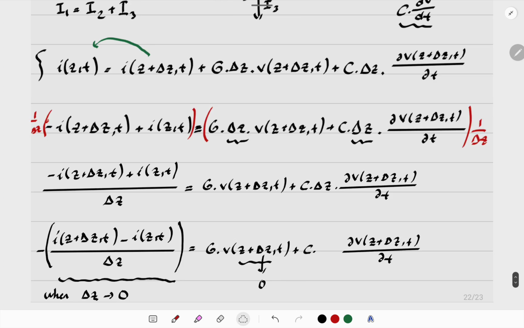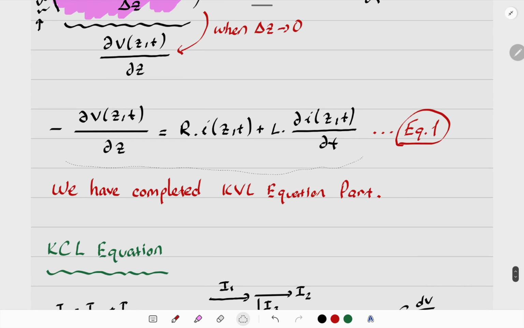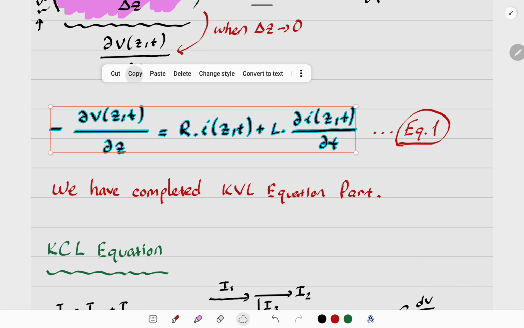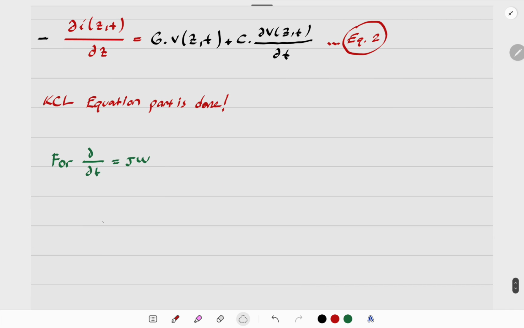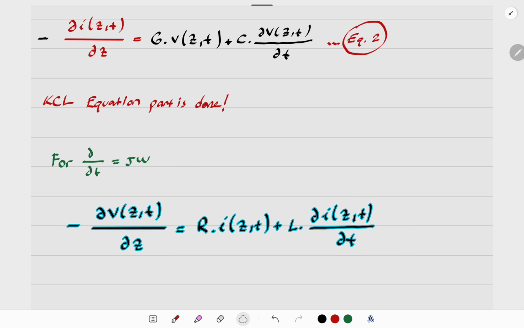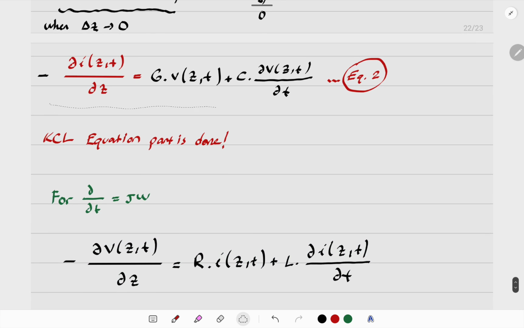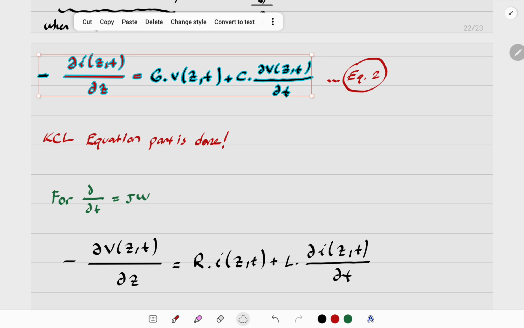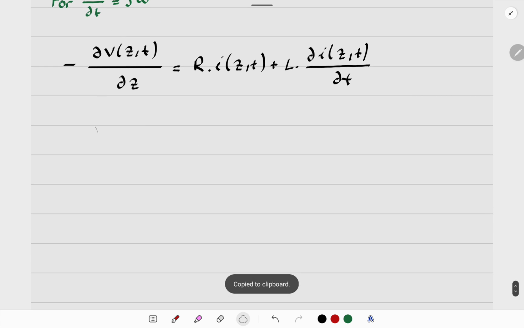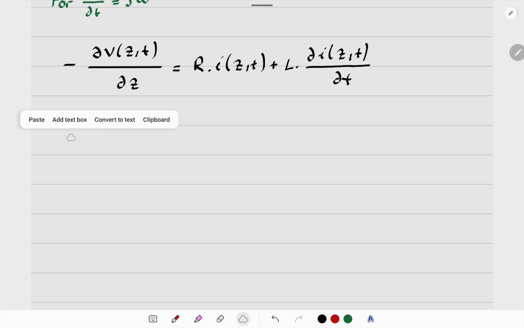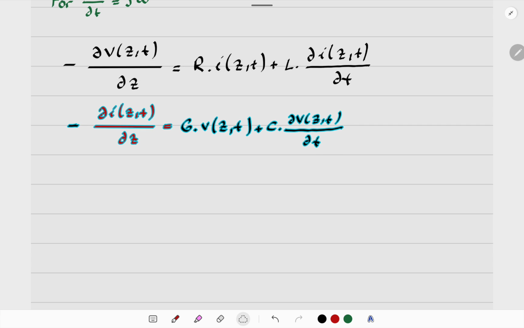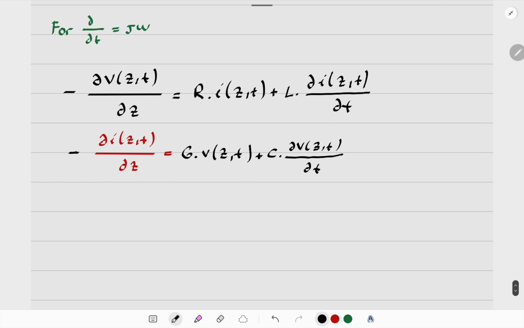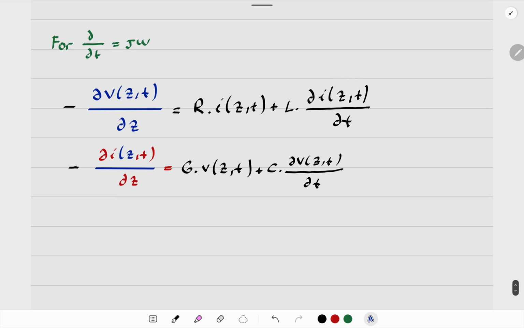Let's fetch equation number 1 again from here and copy this one, and also equation number 2, copy. Remember that the upper equation is gathered from KVL, and the lower one is gathered from the KCL equation.